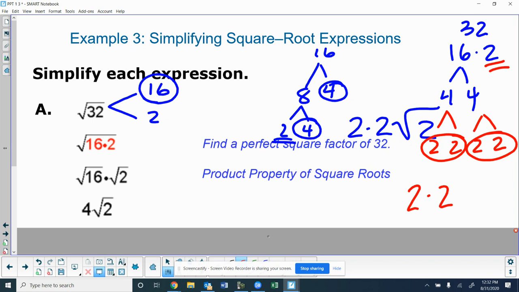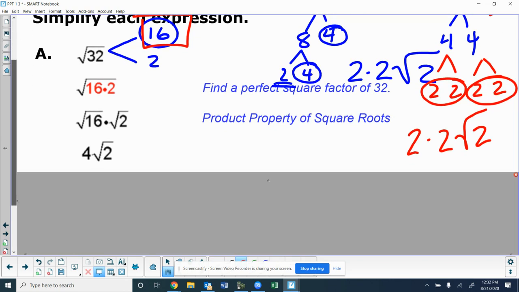The 2 up there. So you can do it all 3 ways. I like to try to think of the biggest perfect square that's in there. Okay? To make that work. It's the quickest way. All right?